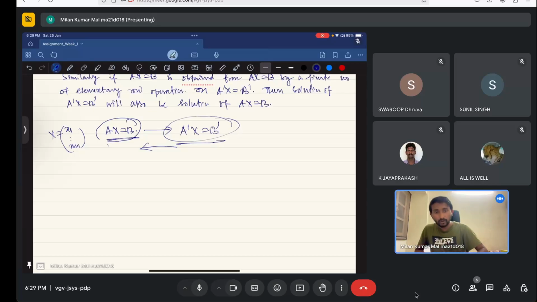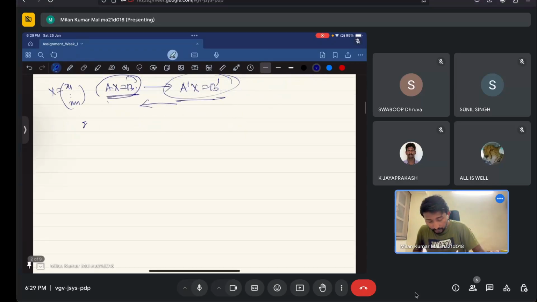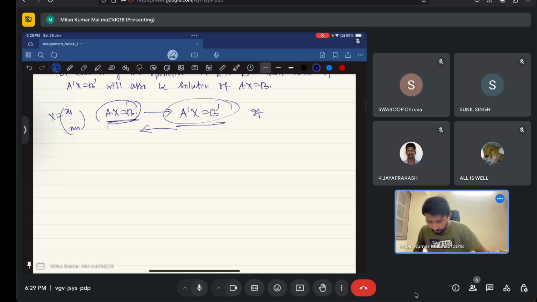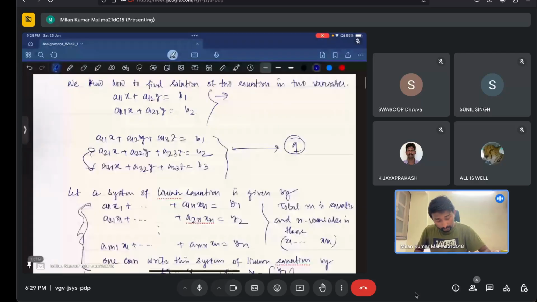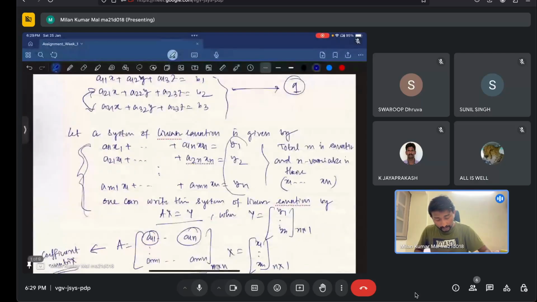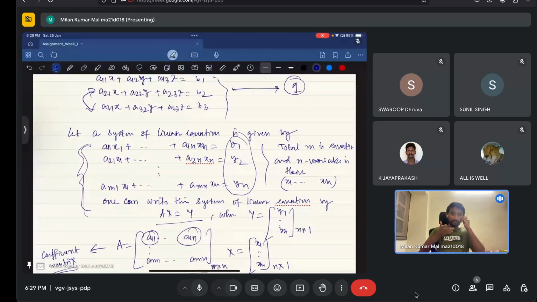So, for example, if b is equal to 0, what does that mean? It means this side is 0, here it is written y. Whatever elementary row operation we do, that means addition or scalar multiplication, the right hand side of the equality will always be 0.